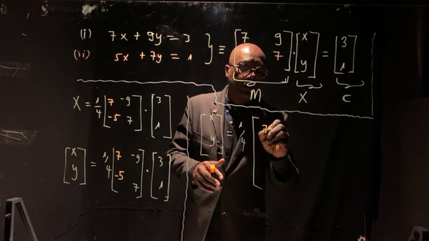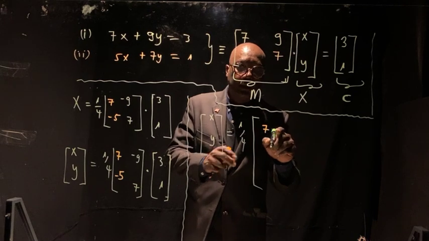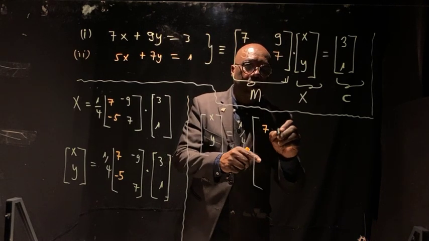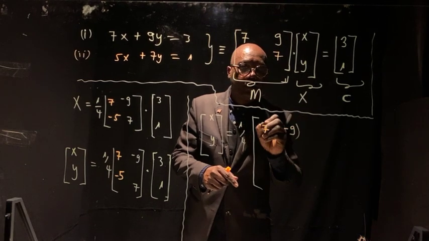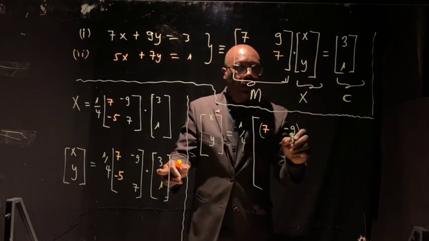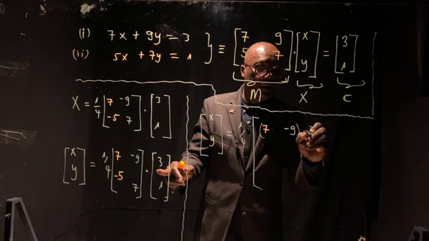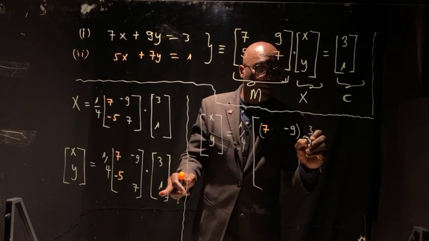Not necessarily 7 minus 9, no, it is minus in front of the 9, so 9, then you do it this way, 3, 1.